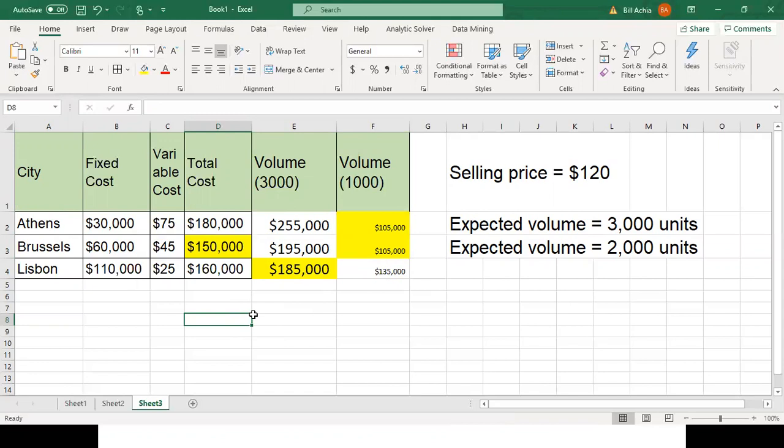So total cost at Brussels. Let's start with Brussels here.